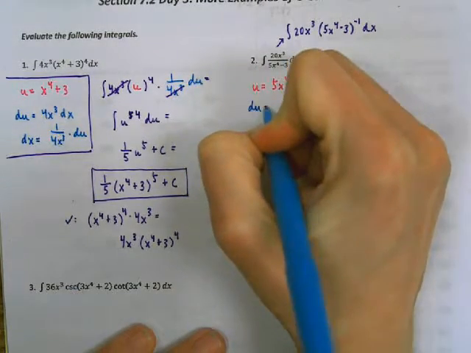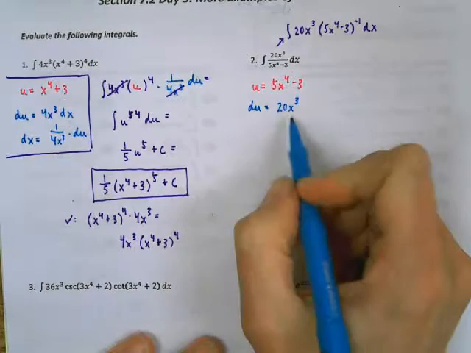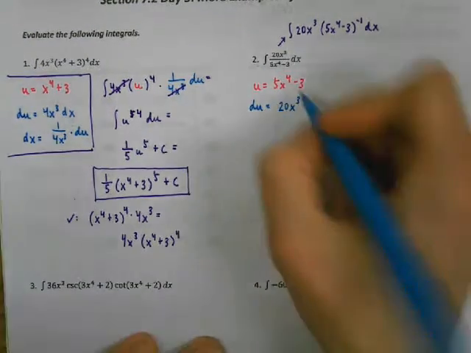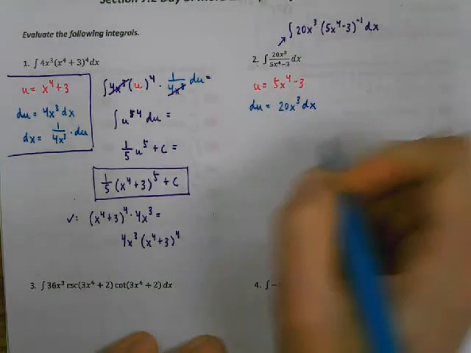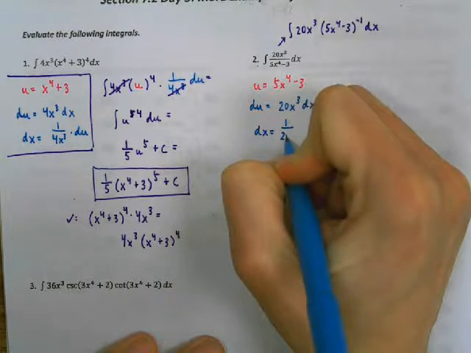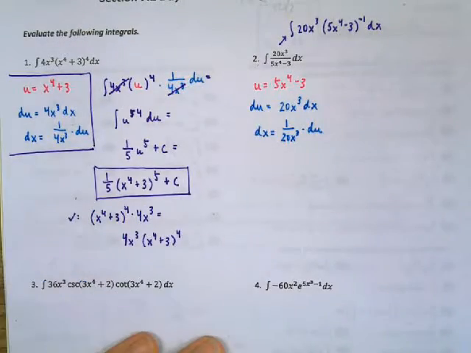I'm going to find du is going to give me 20x cubed, and already I'm happy because I know that's in here, so I know they're going to cancel. I need my dx here, and so dx is going to be 1 over 20x cubed times du.